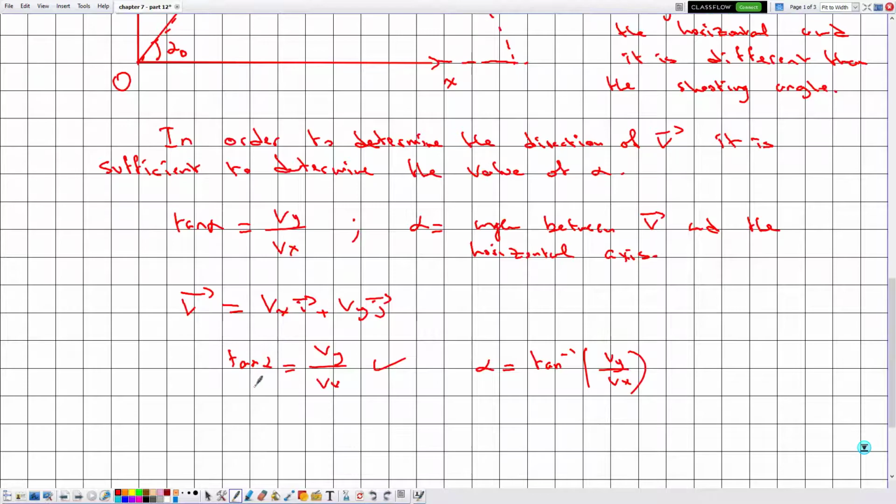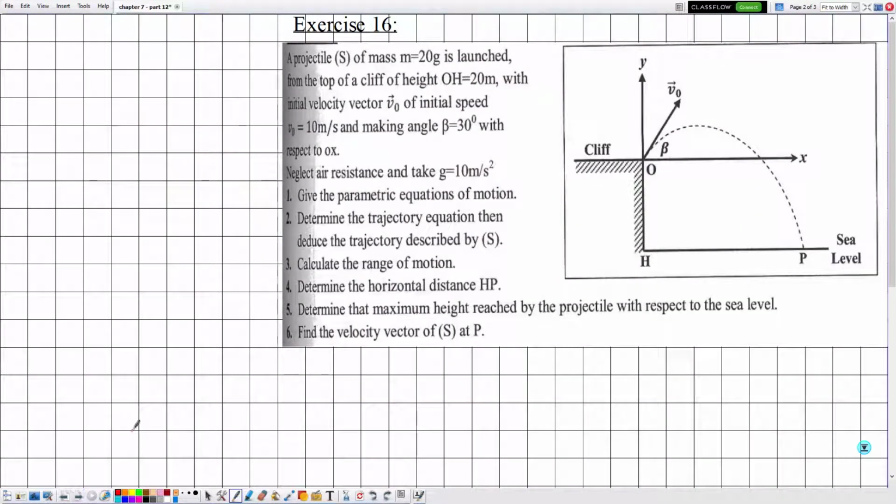Okay, so now let's move to the exercise of this video, which is exercise number 16. They are telling me a projectile S of mass m is equal to 20 grams, which is equal to 0.02 kilograms in the SI, is launched from the top of a cliff of height OH is equal to 20 meters. So this is 20 meters.